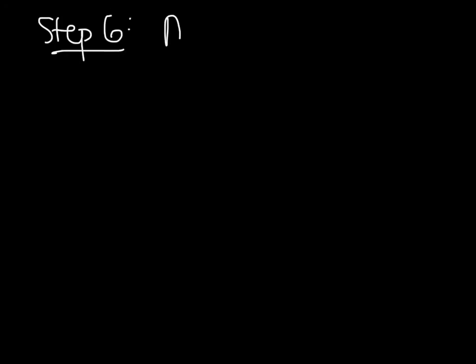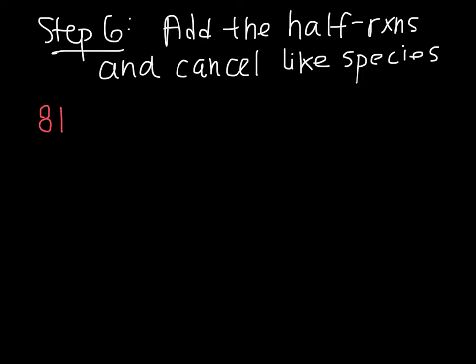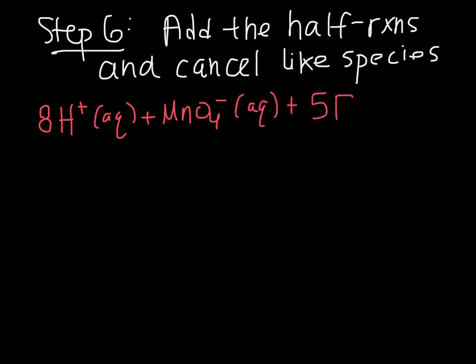And then step 6, we add these together and cancel like species as needed. So we add the half reactions, and cancel like species. So when we do this, we end up with the following. On the left-hand side, we have the 8 hydrogen ions. We have MnO4 minus. And we have those 5 iron ions.